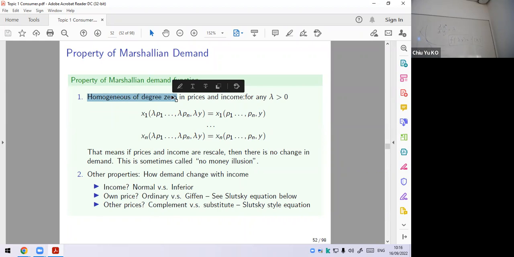That's why in the textbook, some of you actually asked me, the Mas-Colell, Whinston, Green textbook spends a lot of time working on this. Because this is a homogeneous degree zero equation, you can derive a lot of math properties, and that was useful in the old days. Now I don't think anybody works on that.